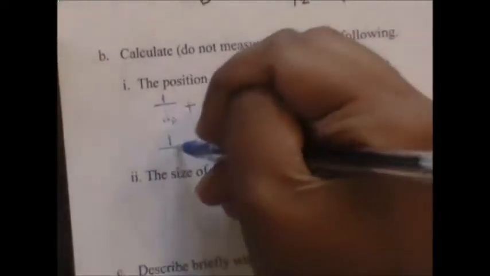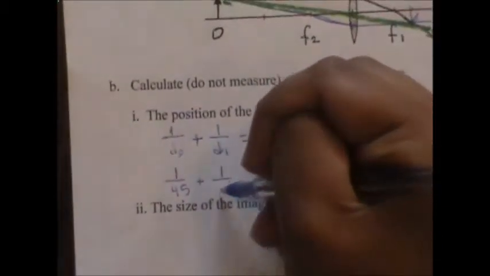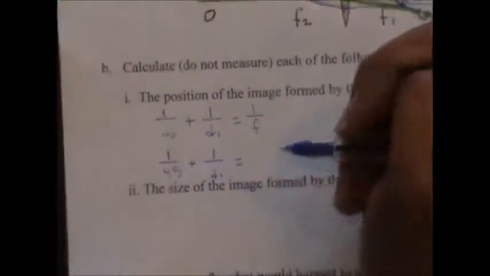So we do 1 over 45 plus the distance of the image, which is what we are trying to find, and the focal length, which is given to you right here, which is 15 centimeters. And you will need to do 1 over 15 minus 1 over 45 to calculate the distance to the image, which is 22.5 centimeters.